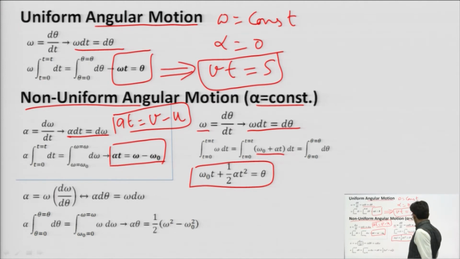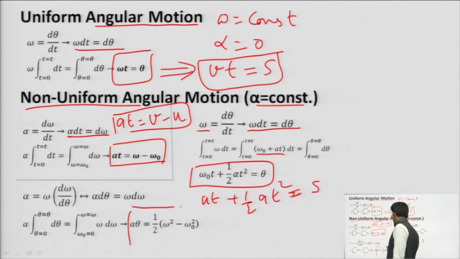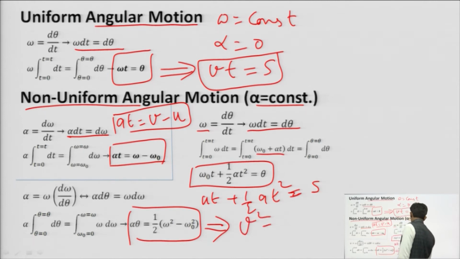After comparing, we get omega naught t plus half alpha t square is equal to theta, similar to ut plus half a t square is equal to s, the second equation of motion. Similarly, we can have this equation, which is similar to v square is equal to u square plus 2 a s.